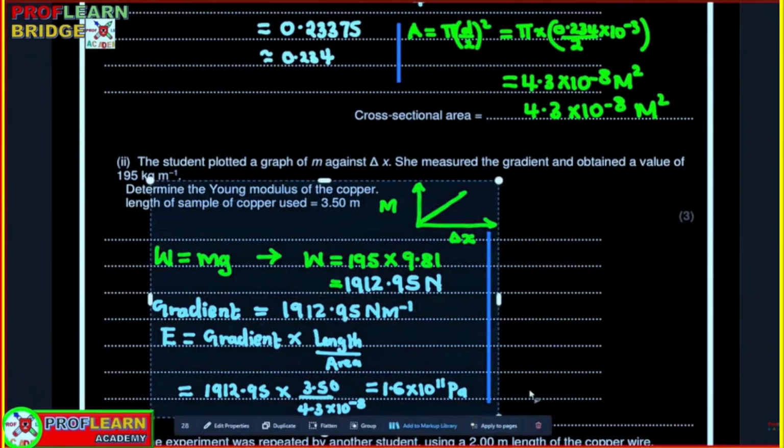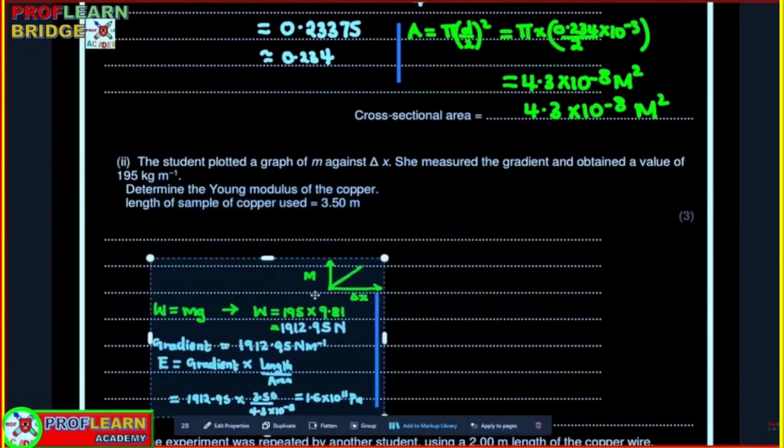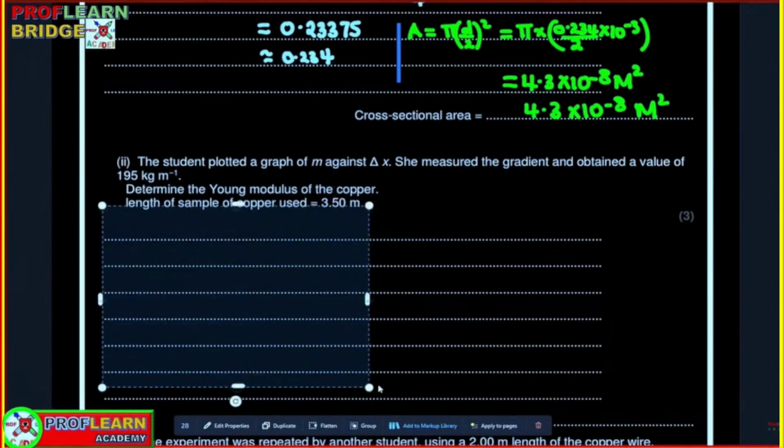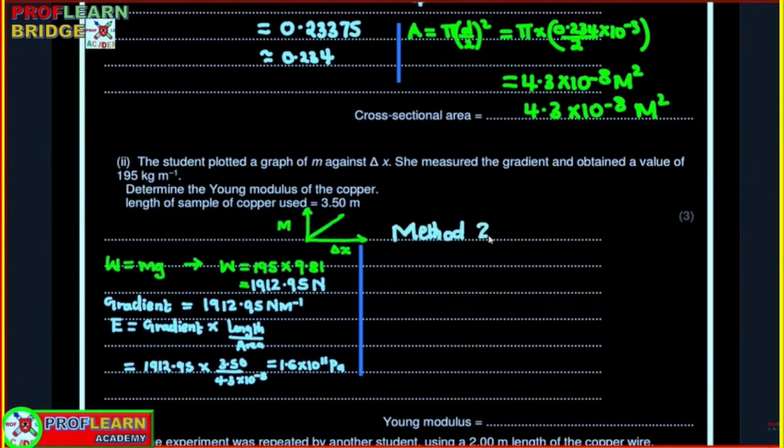Alternatively, I can also show you, using the constant of proportionality, that is method 2. We know from the constant of proportionality that a force of 1912.95 newtons will give us an extension delta x of 1 meter.